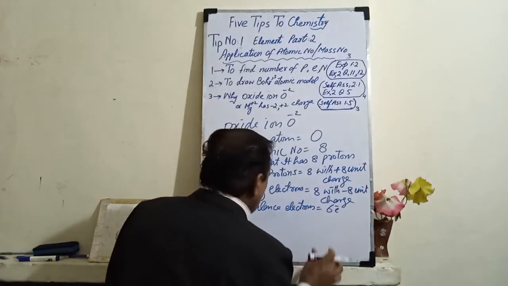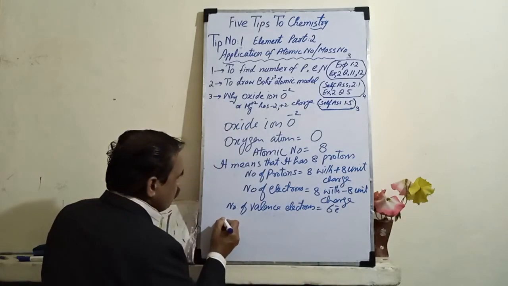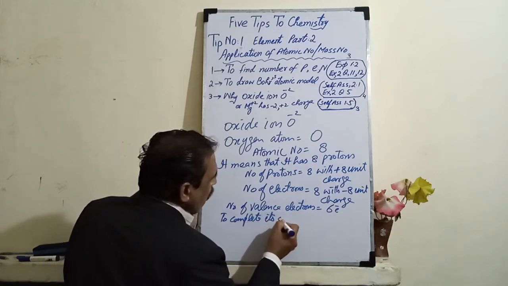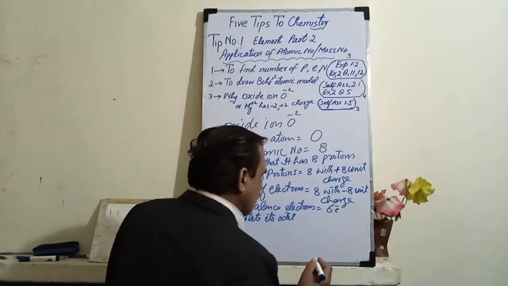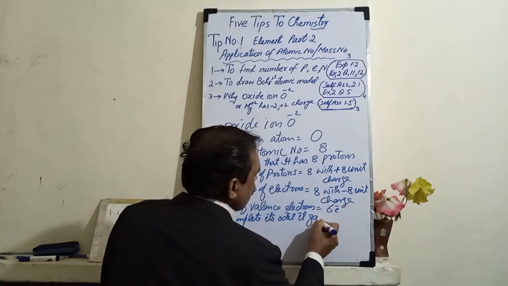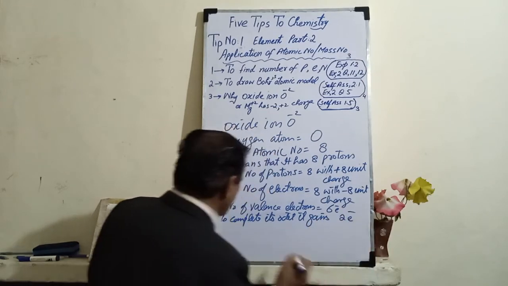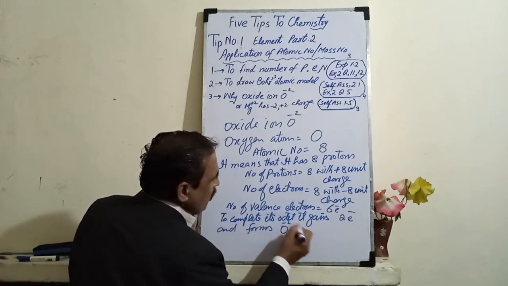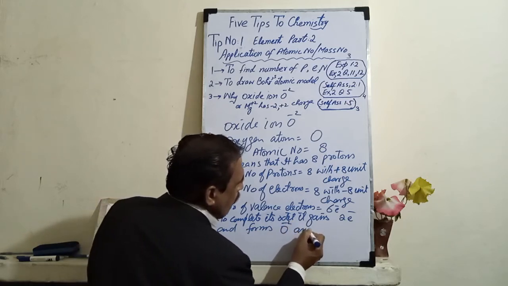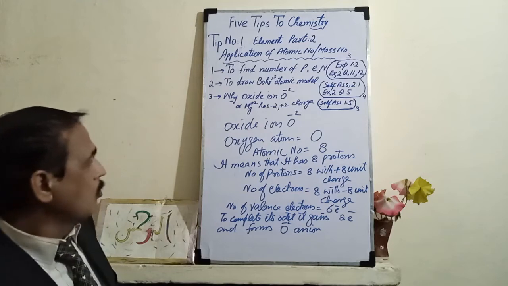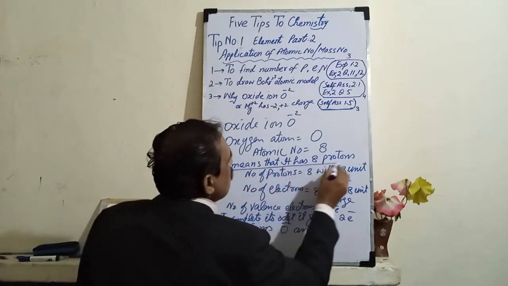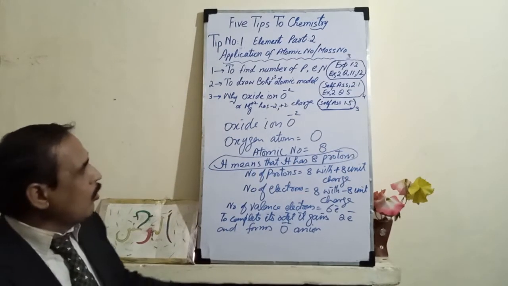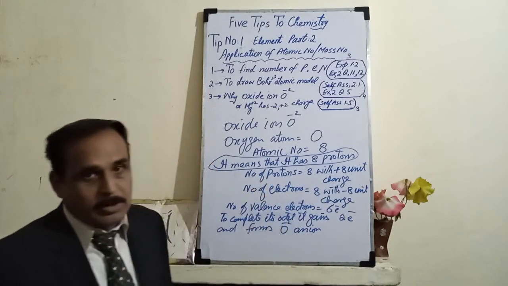So to complete its octet, or valence shell, it gains 2 electrons and forms O minus 2 ion or anion. It has formed oxide ion.